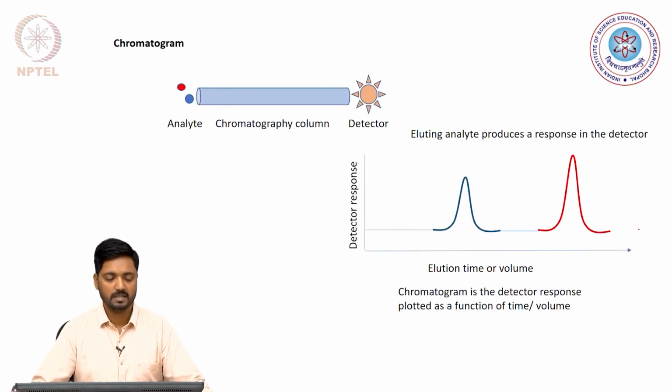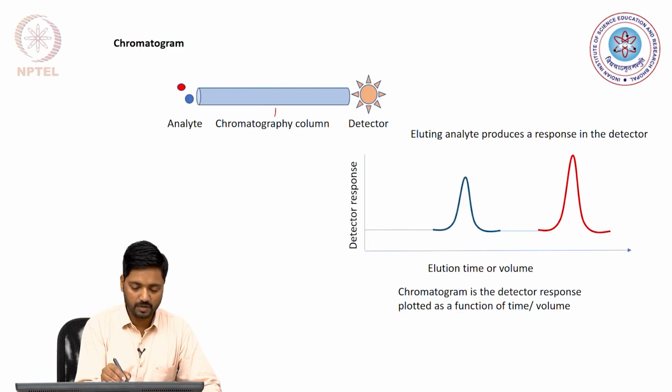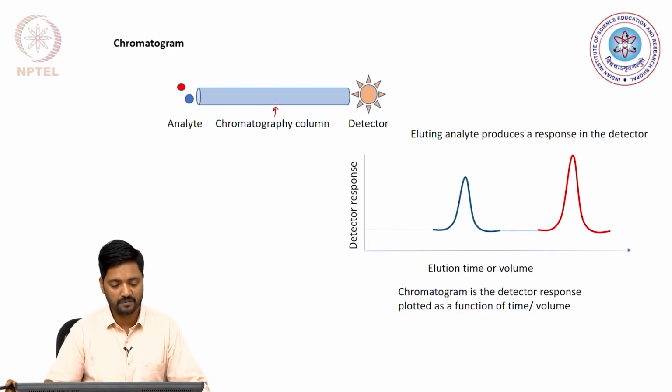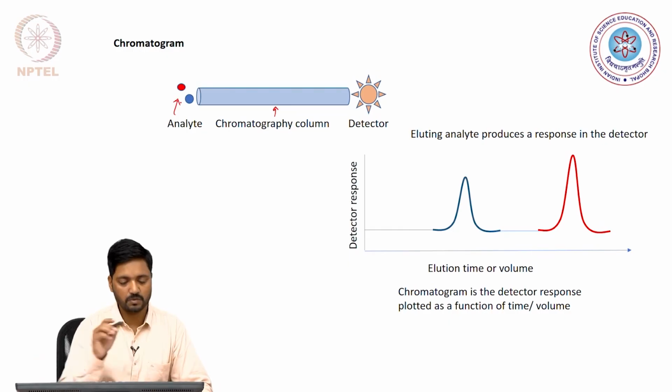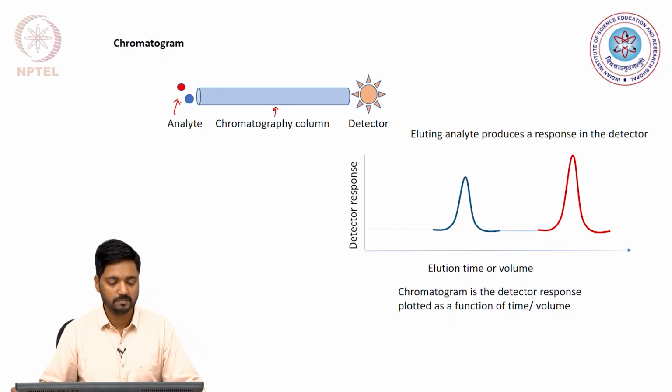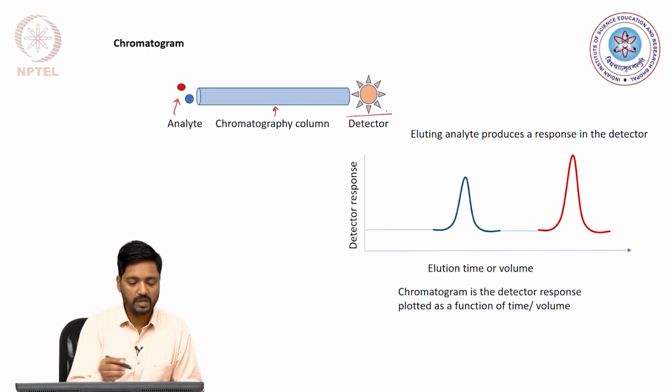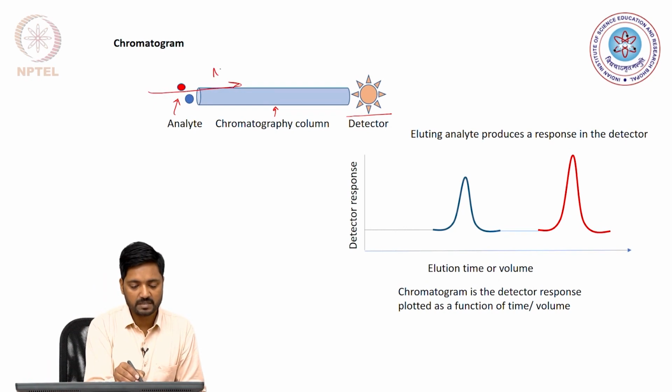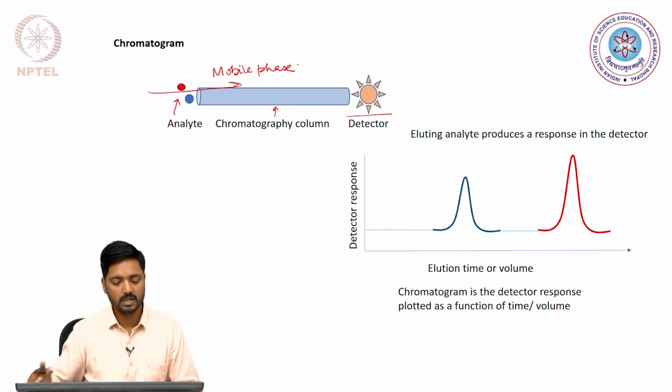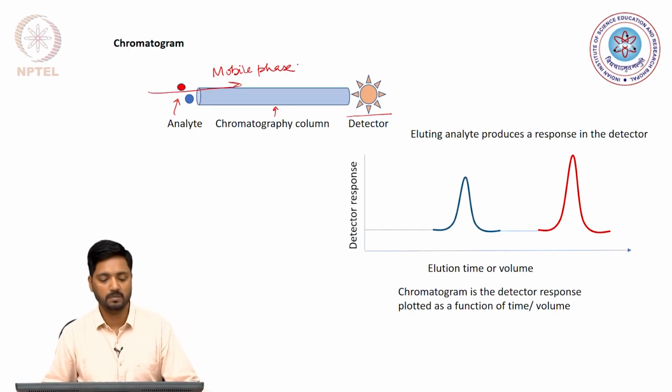So, when we have a chromatography column, which is shown here, and we pass the analytes. Here I have demonstrated two analytes, one in red, one in blue, and we have a detector at the end of the chromatography column to detect the elution of the analyte. As we pump in the mobile phase, the analytes pass through this column.